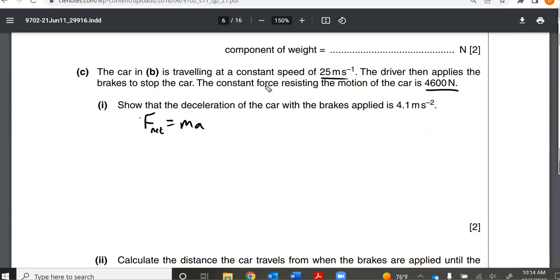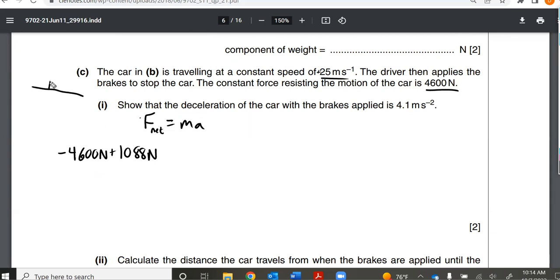They give us the resisting force, right? And the constant speed is positive 25 meters per second, right? So we can say that in the direction of motion, there is a force of 1,088 newtons, right? But opposing that is the negative 4,600 newtons of braking force. So that's our vector sum.